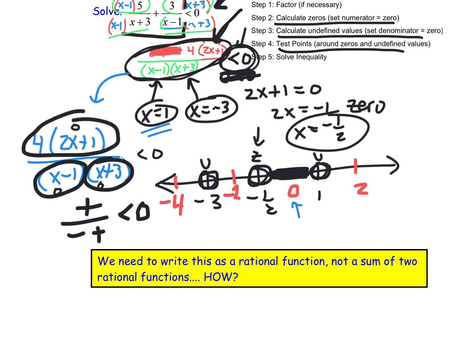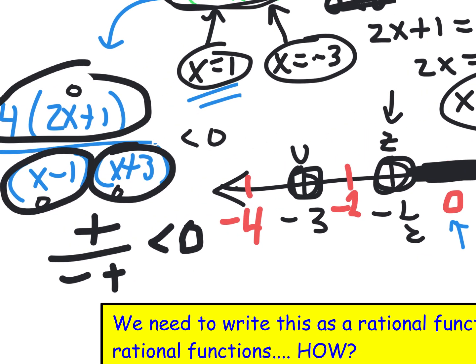All right, now I'm going to test 2. I'm going back in here, here, and here, and I'm going to test a 2. Remember, all I care is, does it come out positive or negative? That comes out positive. Okay, this one comes out positive, and this one comes out positive.